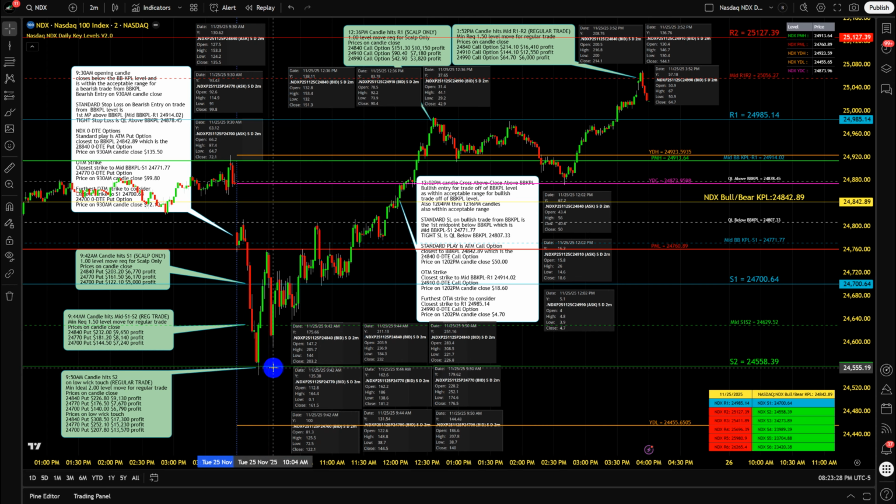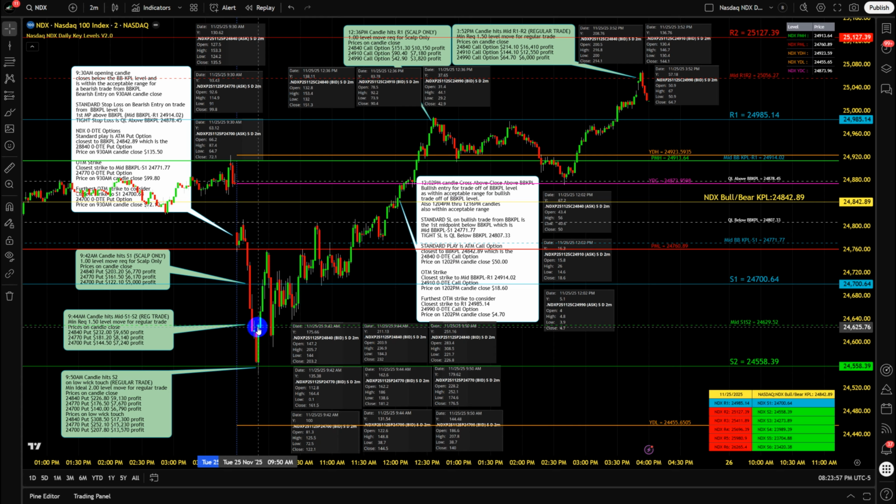The acceptable range and unacceptable range not only applies to the BB-KPL level on the 9:30 a.m. opening candle, but it also applies to taking trades off of any of the other levels as well. So this is still within the acceptable range here. Again, we have a video on that. That video is in a Google Drive link. It is specifically talking about the 9:30 a.m. opening candle.